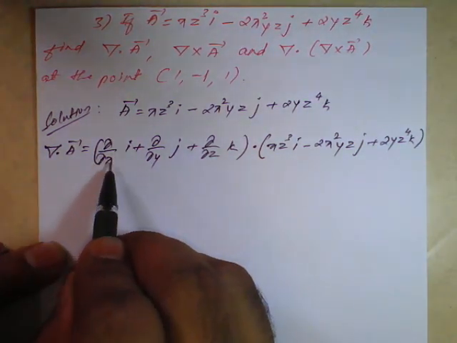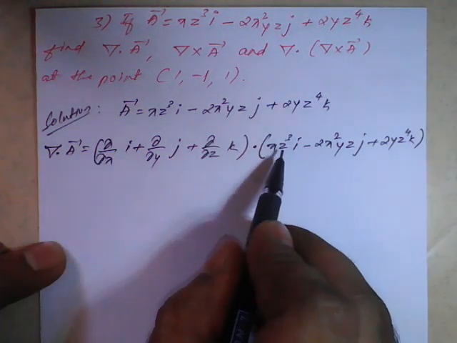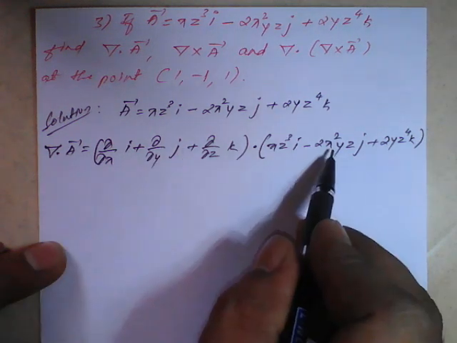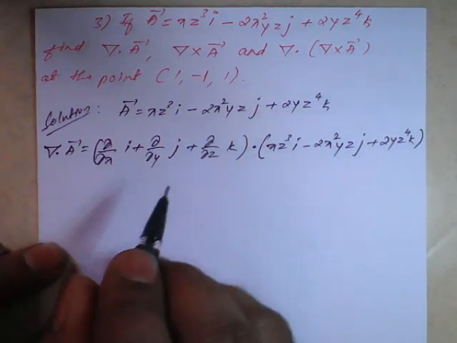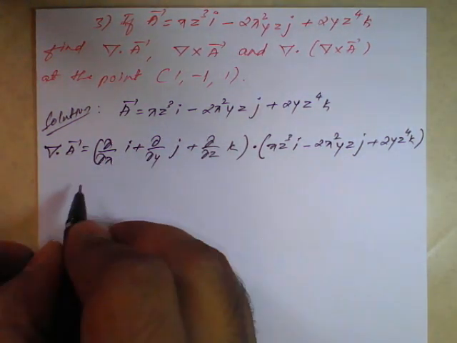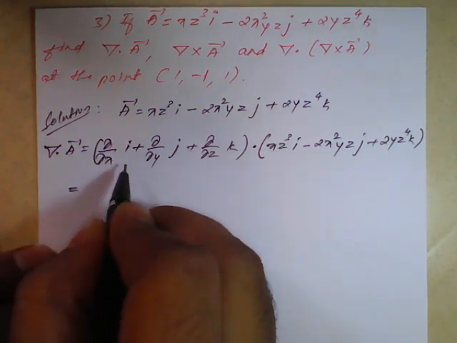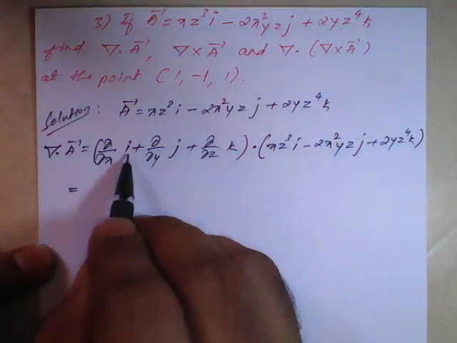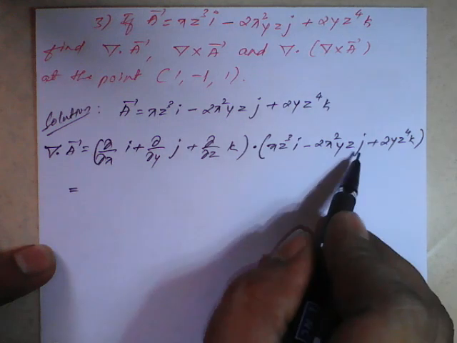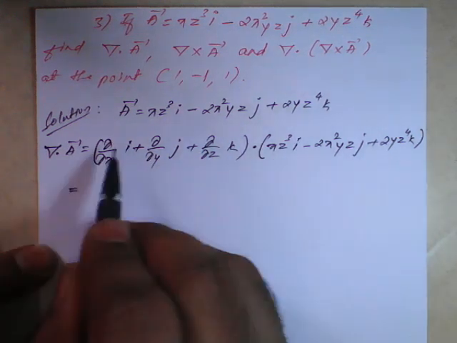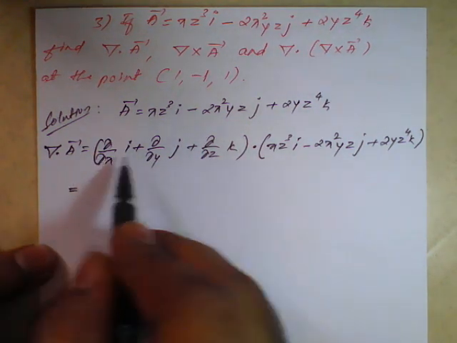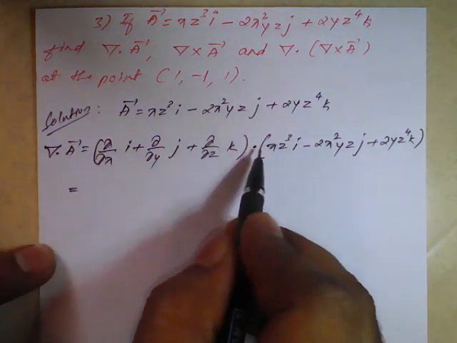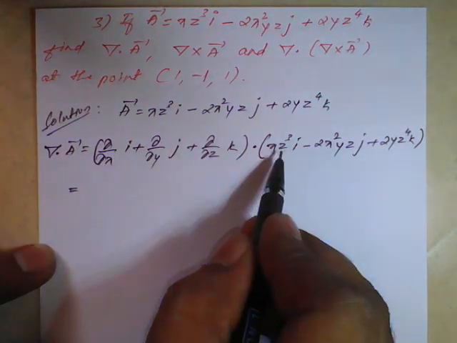So now you need to multiply i with i only, j term with j only, k term with k term only, because this is a dot product of two vectors. So remember i dot i is 1, j dot j is also 1, k dot k is 1. So only partial derivative of this first term with respect to x.